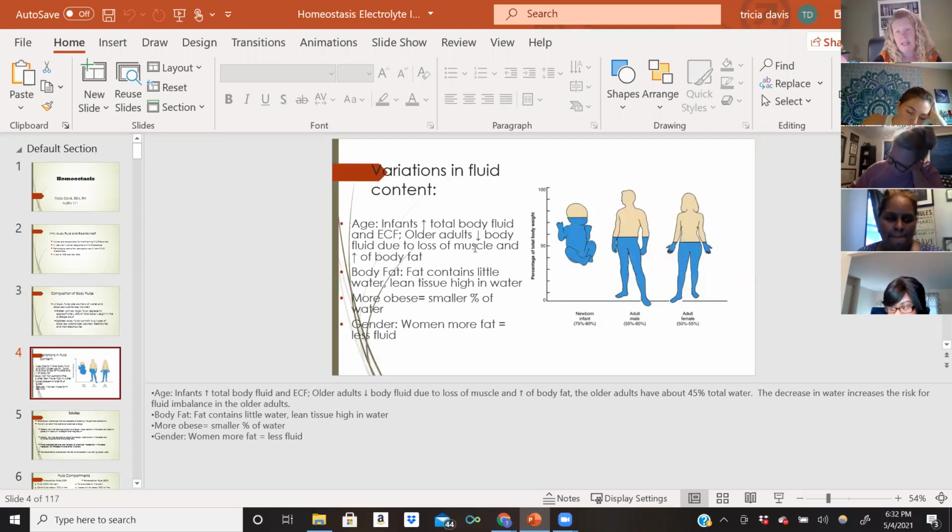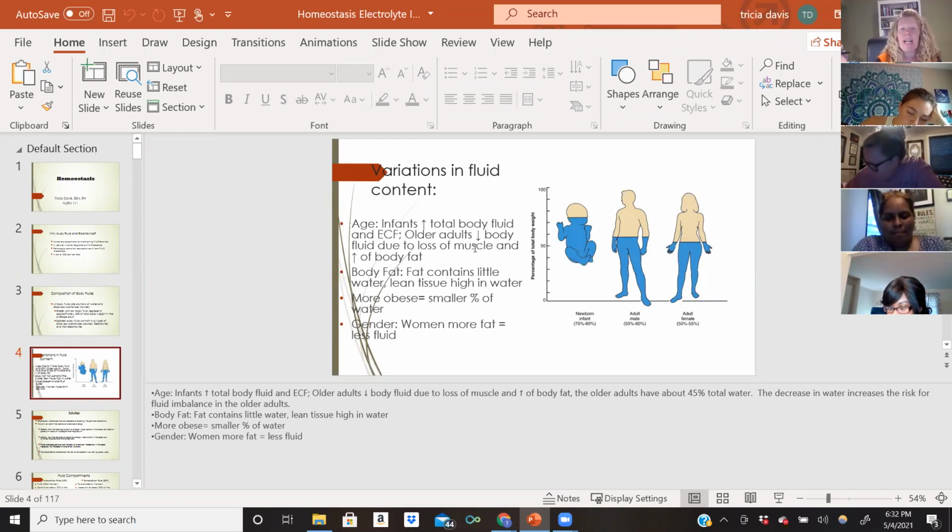Older adults have less body fluid because they don't take in a lot of fluid. If you remember back to fundamentals, that mechanism that tells the body that they're thirsty, they lose that mechanism. So they don't drink a lot, so they're susceptible to becoming dehydrated, and they lose muscle and it increases the amount of body fat that they have. So they lose water.